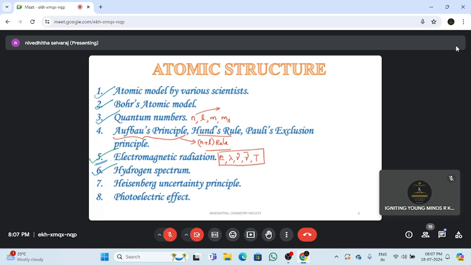And next topic you would have studied is Heisenberg's uncertainty principle. That is a very famous principle. Can you please tell me what is that? What is Heisenberg's uncertainty principle?